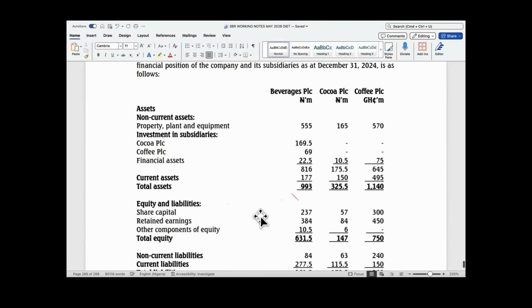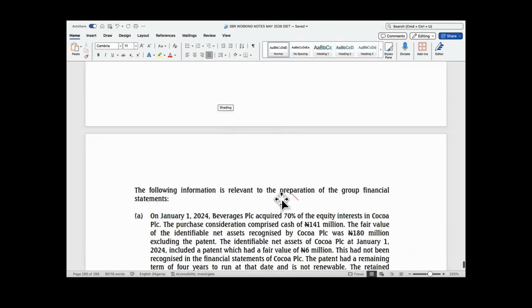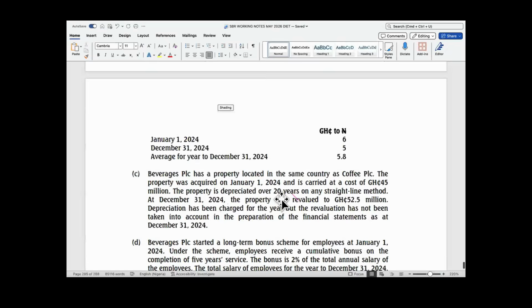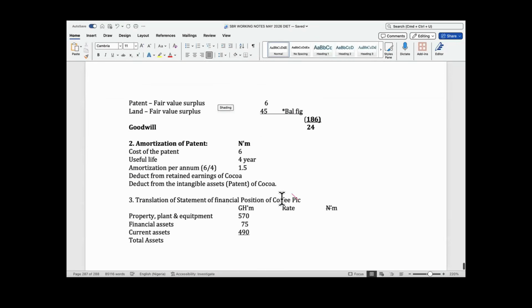It's 495. Are you sure that you guys are here? You're supposed to be participating. Yeah, just wanted to be sure. I was going to say that. Okay, 495. The total is 1140. Total is 1140.